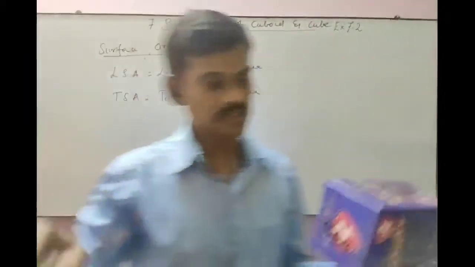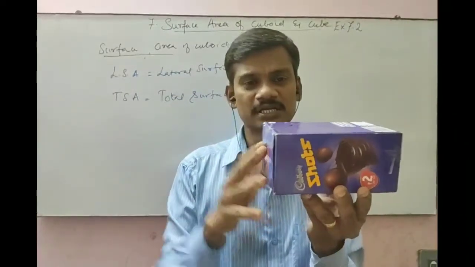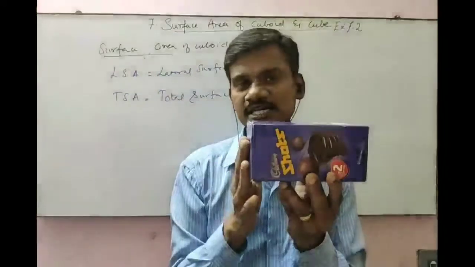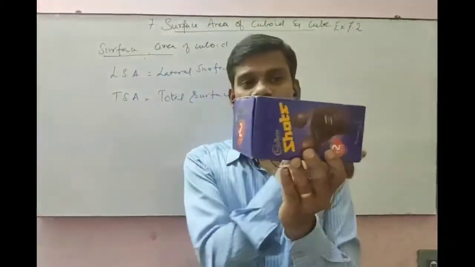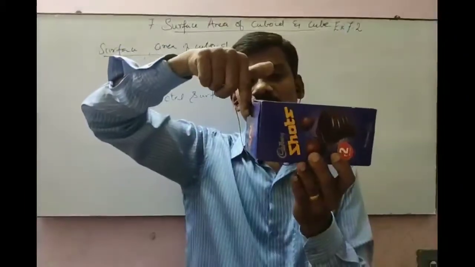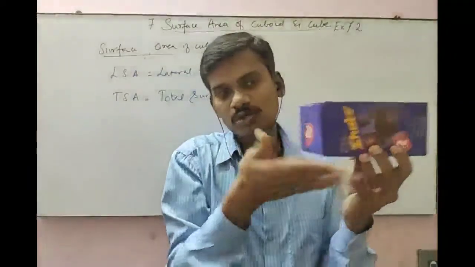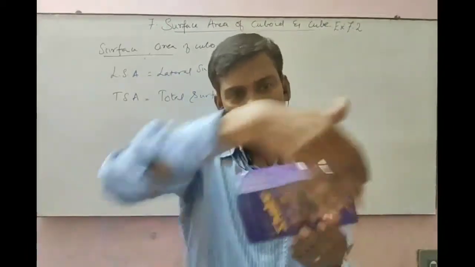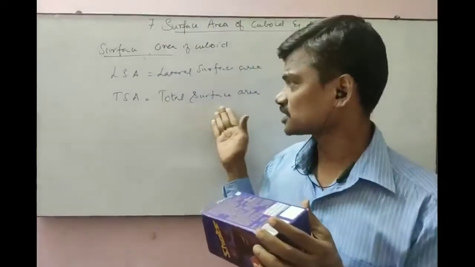Since it is a cuboid box, if you find the area of the outer 4 sides, we call it the lateral surface area. When it comes to the total surface area, we have to calculate the top and the bottom as well as the lateral surface. Calculating everything, we call it the total surface area.